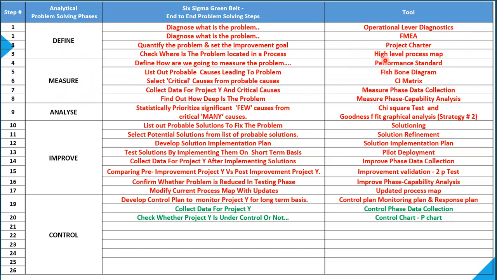And I kept on telling you, this is perhaps the most important document, because everything revolves around this particular document. So we talked about that. Then post that, as we all know, there's an equation called y is equal to f(x).